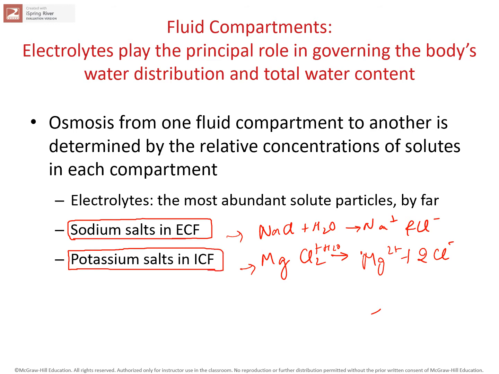And this is important. Why? Because this difference in concentration of charges in the extracellular and intracellular fluid causes the electrical gradient, which when you disturb leads to action potential.